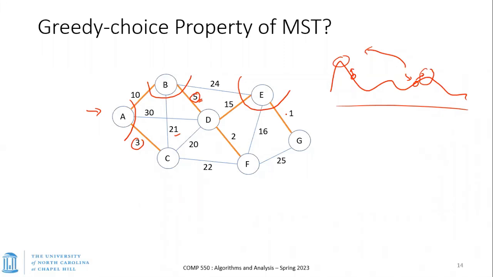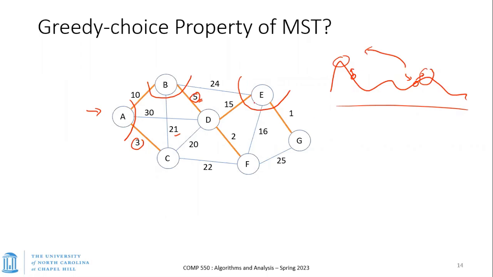We're not really talking about cycles yet, and presumably it's not connecting to itself, so let's disregard that case. Assuming you don't have any edges coming back to yourself, if you look at all the edges going out of that particular vertex and pick the least cost edge, then that is guaranteed to be part of the overall MST.